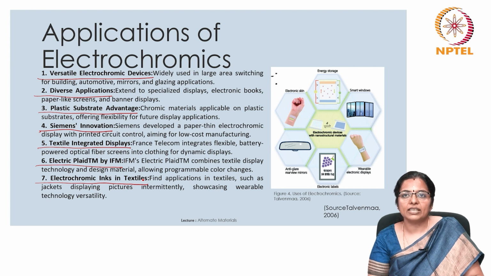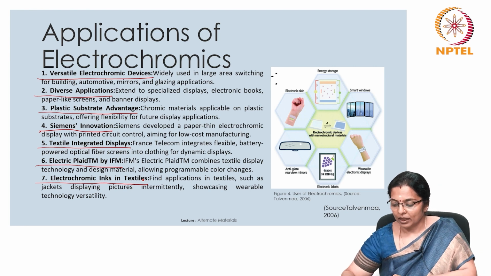Siemens have even created a super thin electrochromic display for low cost manufacturing. The French telecom embedded optical fiber screens into clothing for dynamic display. Even jackets with electrochromic inks are showcasing wearable tech's versatility.